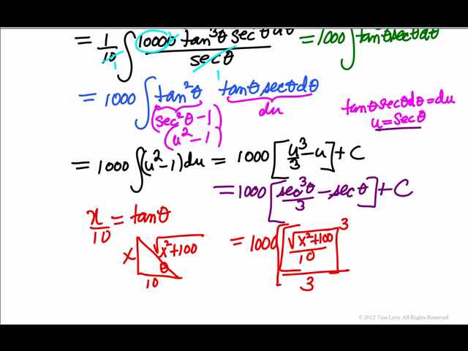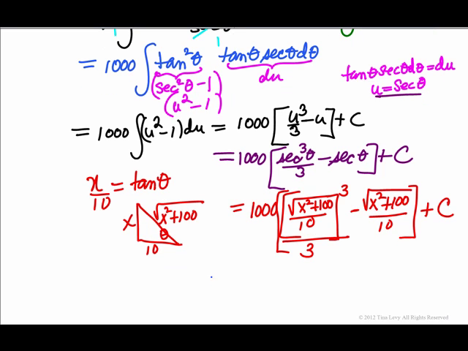Minus secant, which is hypotenuse over adjacent, square root of x squared plus 100 over 10, plus a constant. Okay, so now simplifying, I've done most of the work.